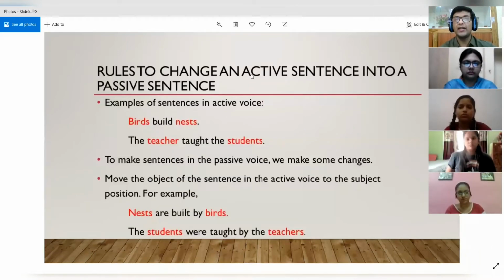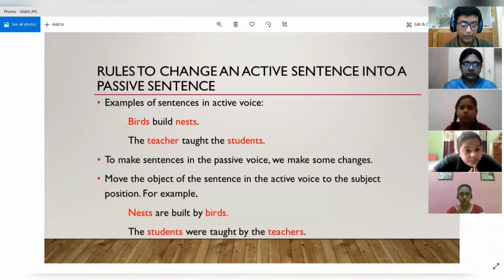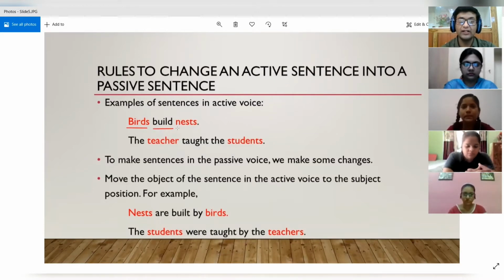Rules to change an active sentence into a passive sentence. So now we will see these examples. Birds build nests. So in this case, you can easily see that the subject present in the sentence is birds, and they are performing an action of building, and the object of the sentence is nests.